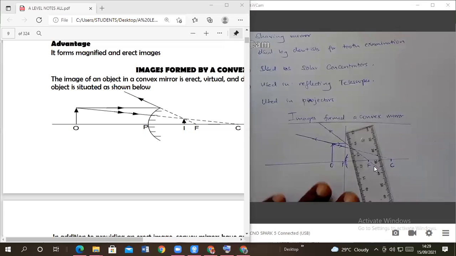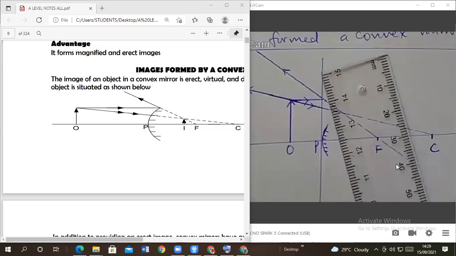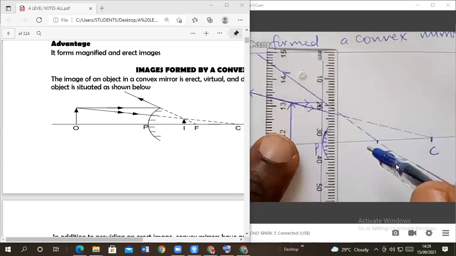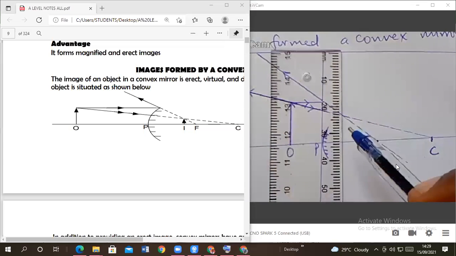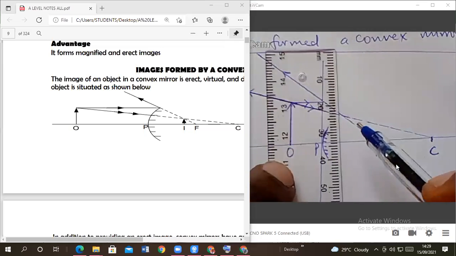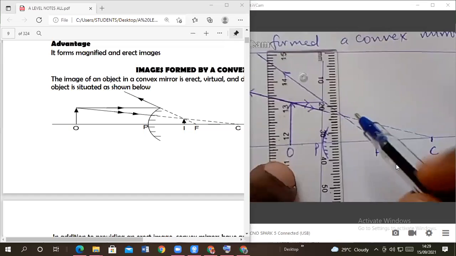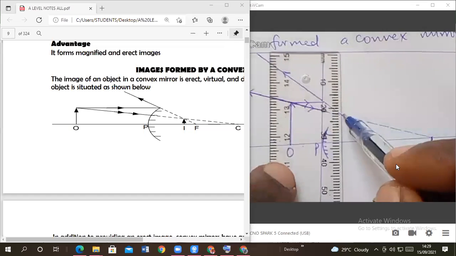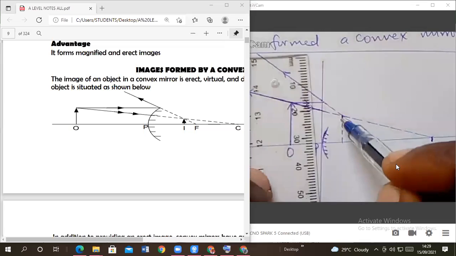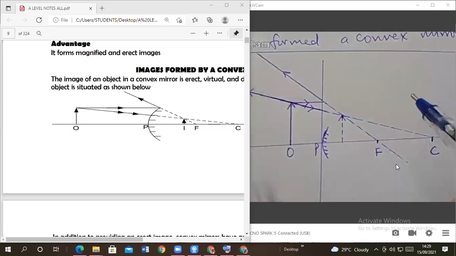At the point where the two virtual lines meet, that's where we have the image. And the image that is formed is virtual, so we shall use dotted lines to show that. So this is the image.